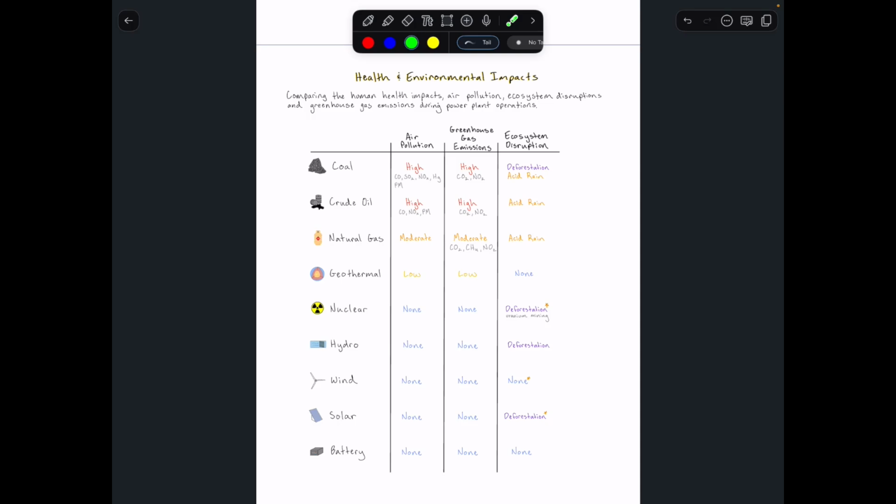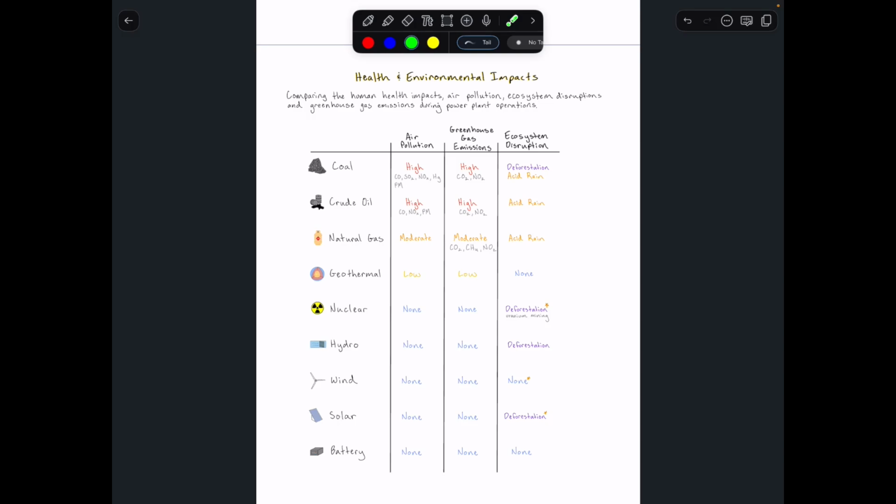Greenhouse gas emissions are gases that trap infrared radiation within the Earth's atmosphere, and when emitted at a large scale, can lead to climate change. And then ecosystem disruption is an event that significantly alters the functioning of an ecosystem, which leads to the displacement or death of animals and plants in a region.